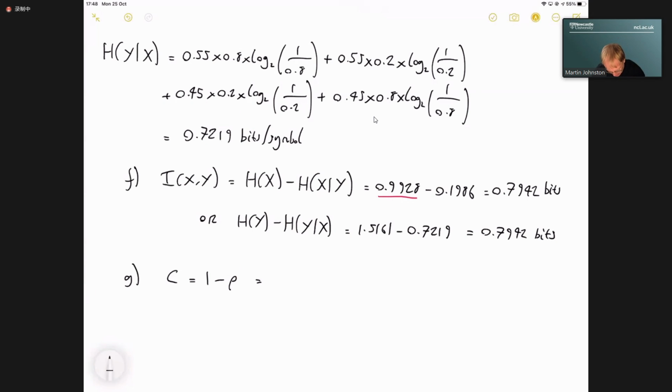So in that case, 1 minus 0.2, and that is 0.8 bits. So the capacity is 0.8 bits. That's the maximum rate we transmit information across the channel. That occurs at maximum mutual information.